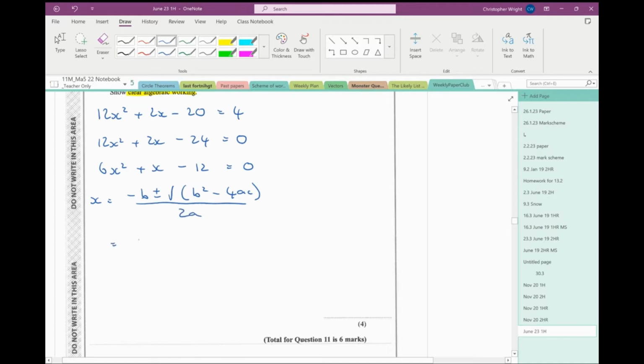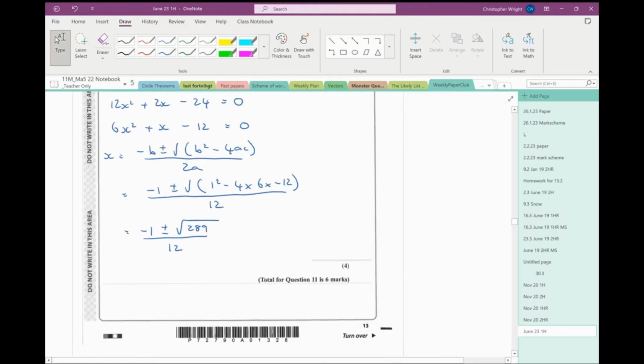So in this case, that's going to be minus 1 plus or minus the square root of 1 squared minus 4 times 6 times minus 12, all over 2 times a, which is 12. So that gives me minus 1 plus or minus the square root of, and that bracket comes to 289, all over 12. Now the square root of 289 is 17.